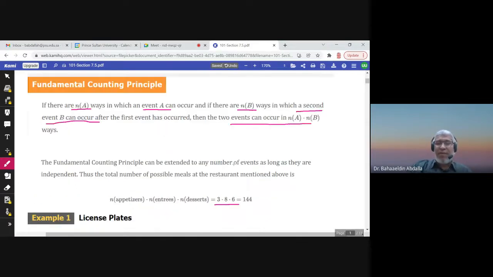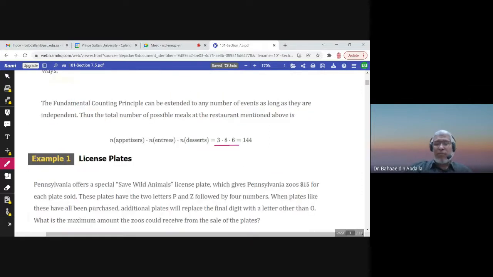So for example, the first choice could be an appetizer, and I can choose appetizer 1 or appetizer 2 or appetizer 3. This could be your first choice, one of the 3 appetizers. And then for each appetizer, for example, if you choose the first appetizer, you now have 8 possible choices for the entrees. Entree 1, entree 2, entree 3, and so on, up to entree 8.